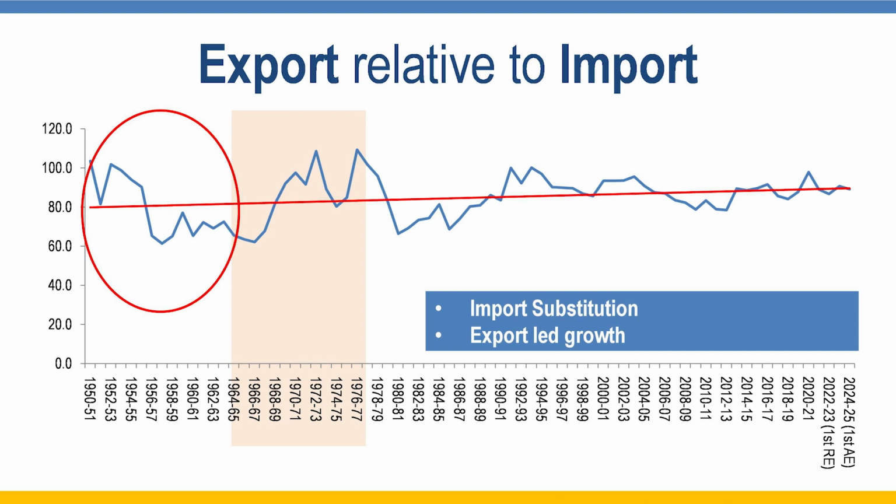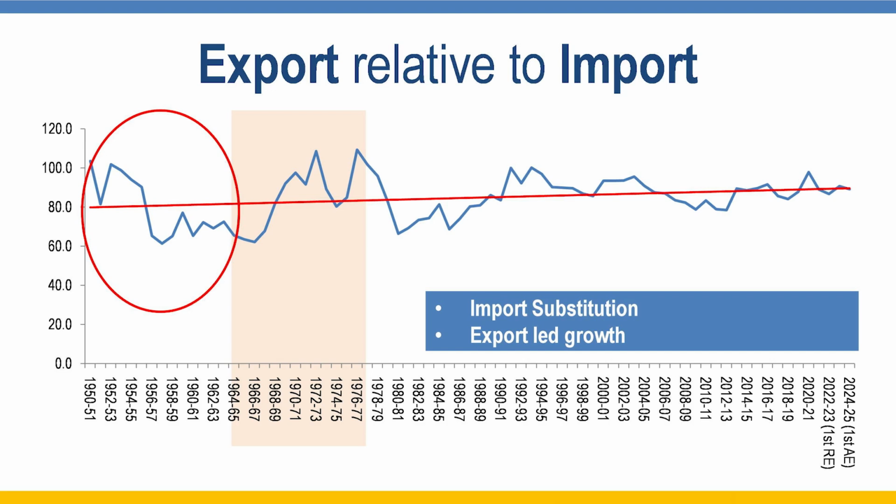I have given this graph which provides export relative to import, that is, what percentage you are exporting and what percentage you are importing. If you are importing more, this will go down. If you are importing less and export is high, then this curve will go up.